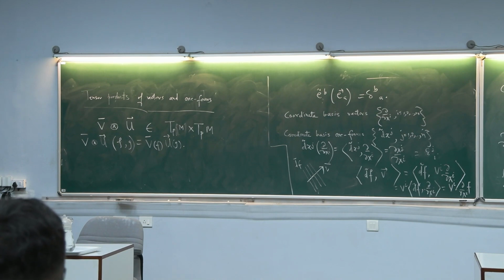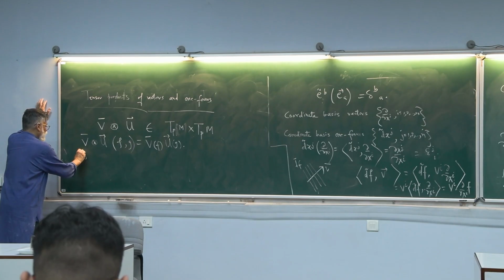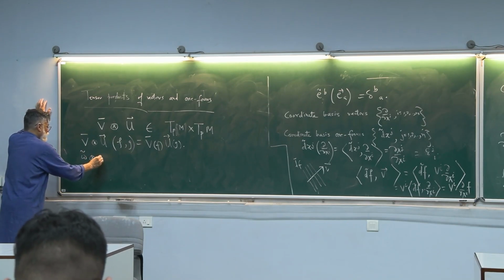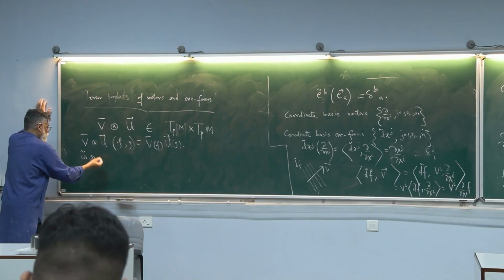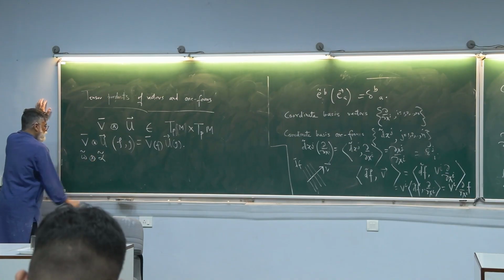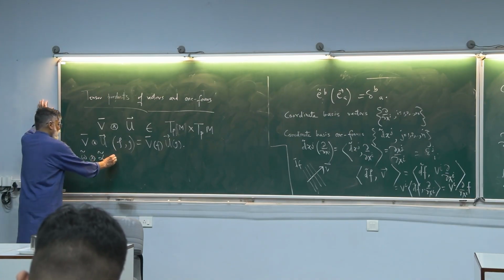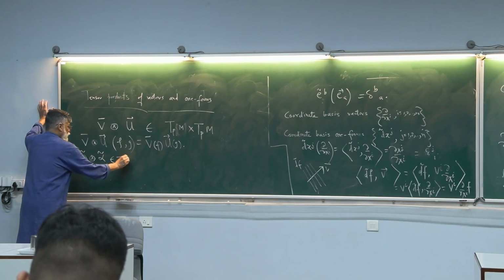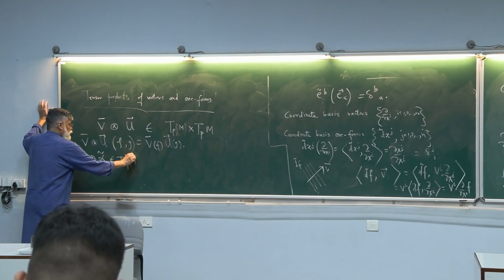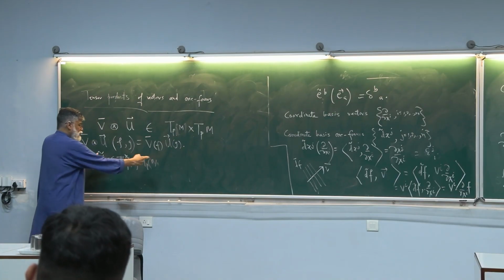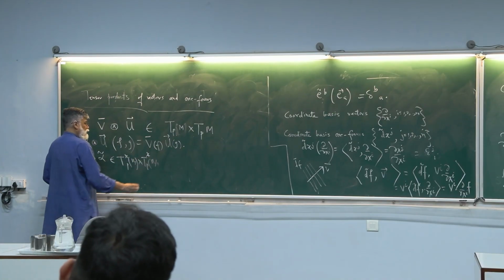Similarly, you can take tensor products of one forms. So, you take w, a one form, and take the tensor product with another one form alpha. This belongs to T star PM tensor product T star PM.